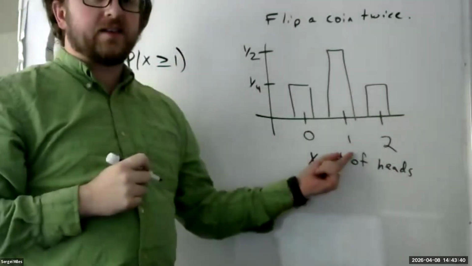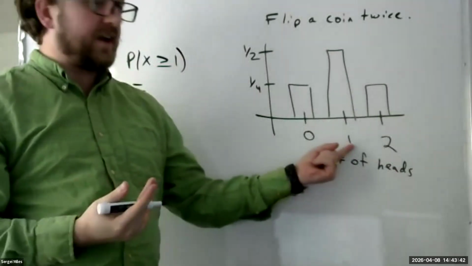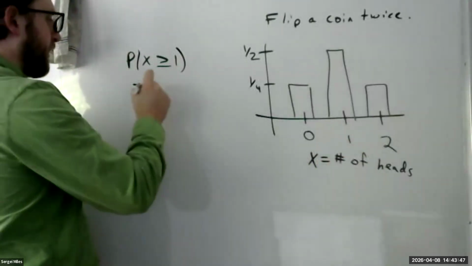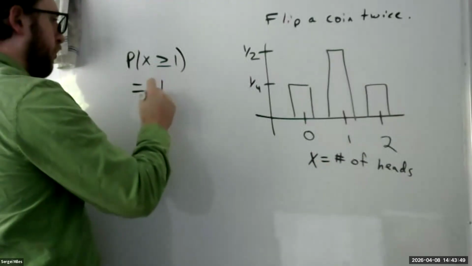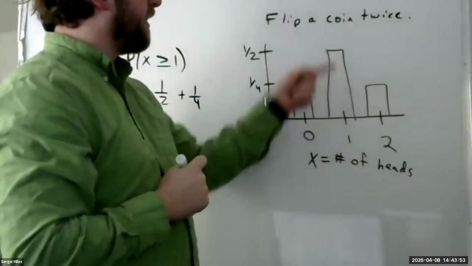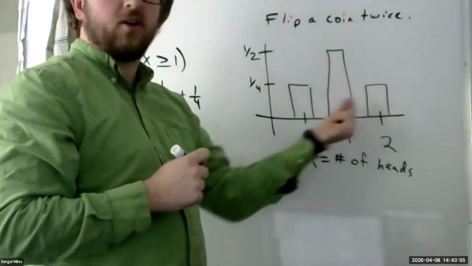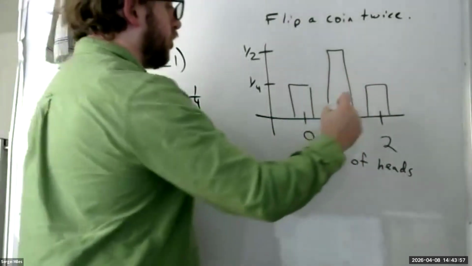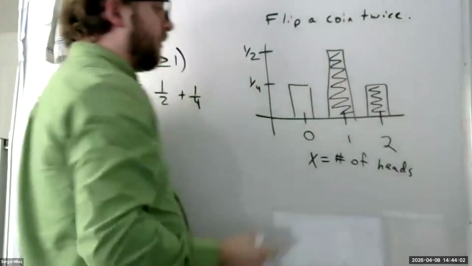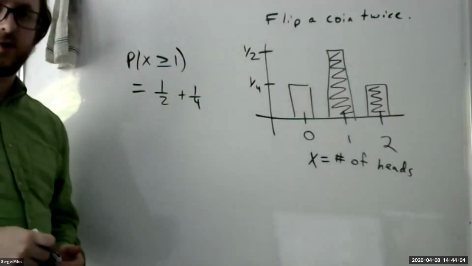Well, there are two different ways: x could be 1 or x could be 2. Either way, I would add them together. I would have 1/2 plus 1/4 as I add these different columns together to give me this total probability.